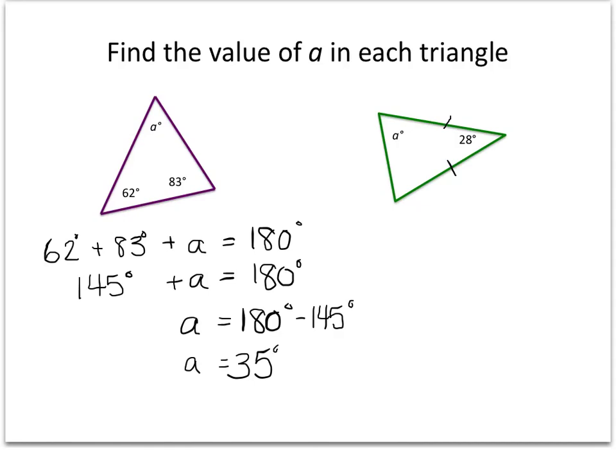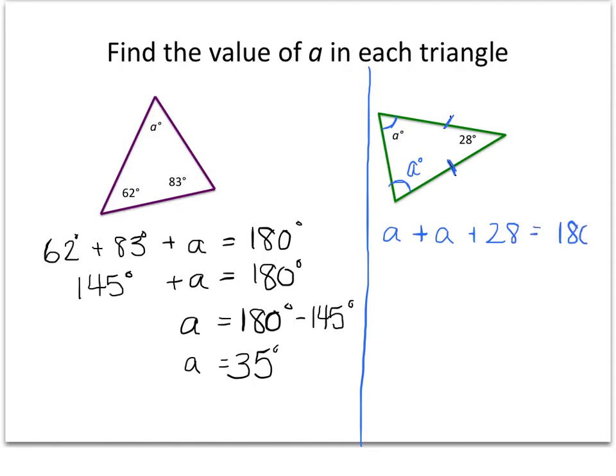Okay? Now in this second triangle, we need to think about the fact that we have an isosceles triangle. And we know we have an isosceles triangle because it'll be marked. So we know that this side and this side are equal to each other. Therefore, that angle there, A, is equal to this angle here. So we can call that A as well because those two angles are equal. So what we've got here now is two angles we don't know, but they're equal. So A plus A plus 28 has to equal 180 degrees.